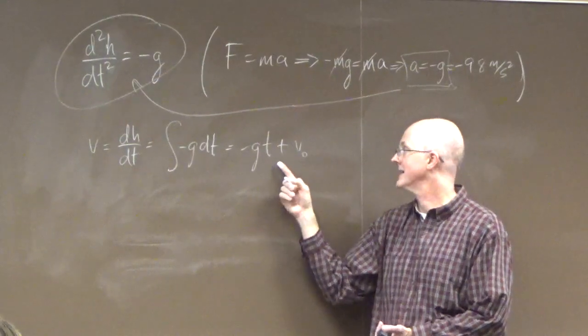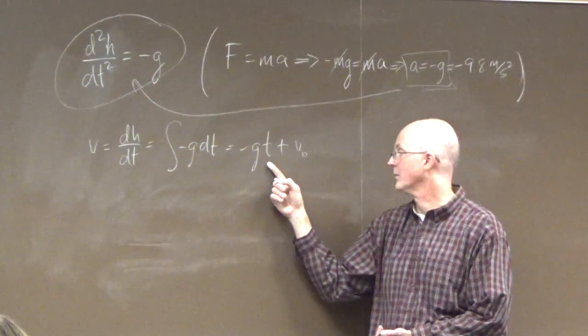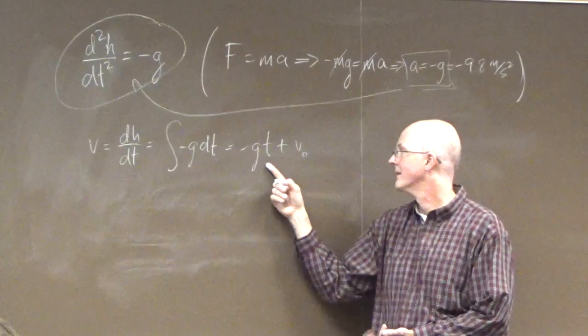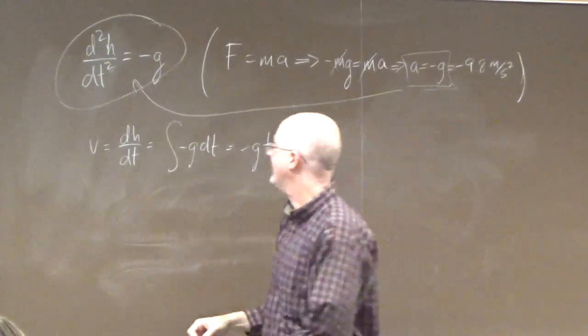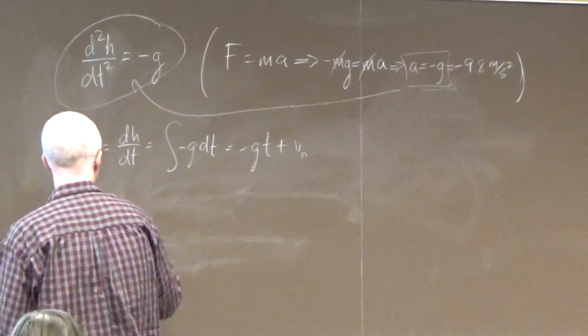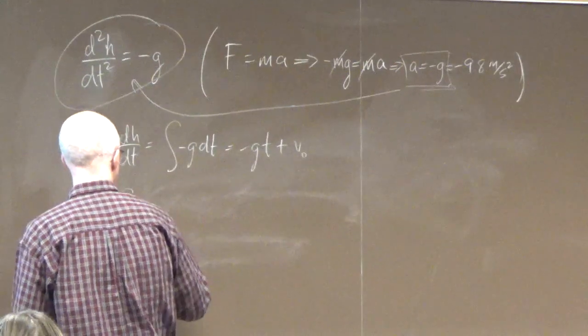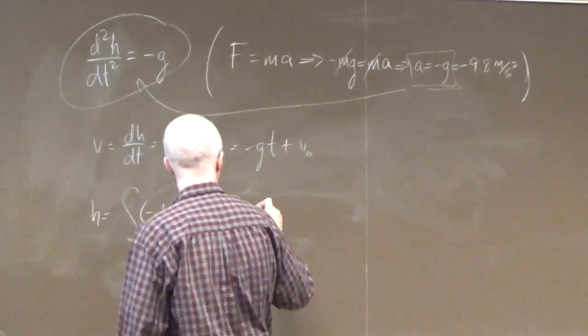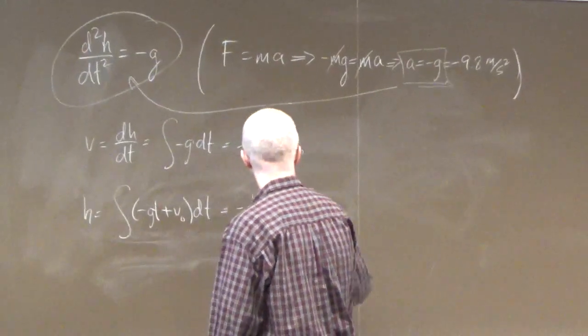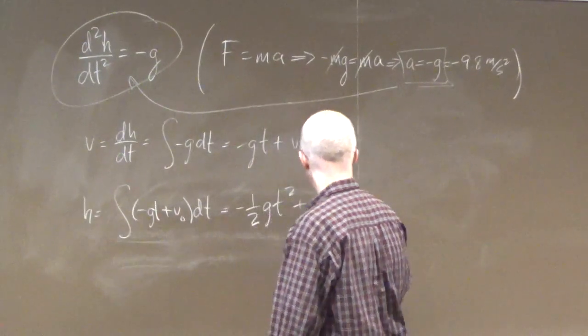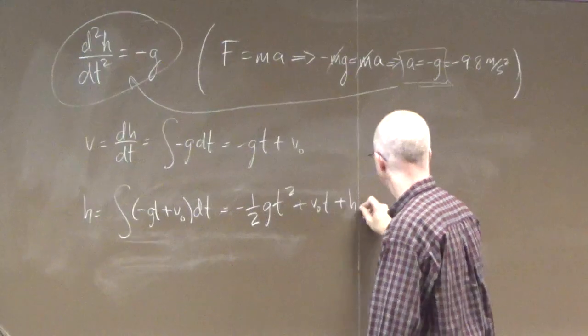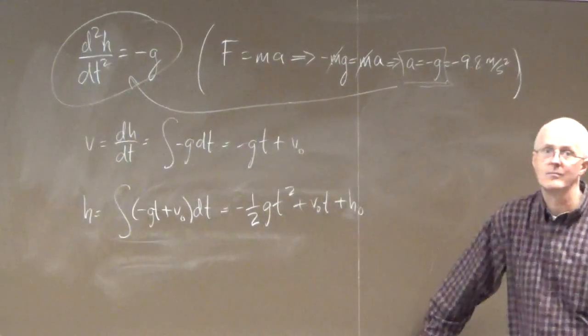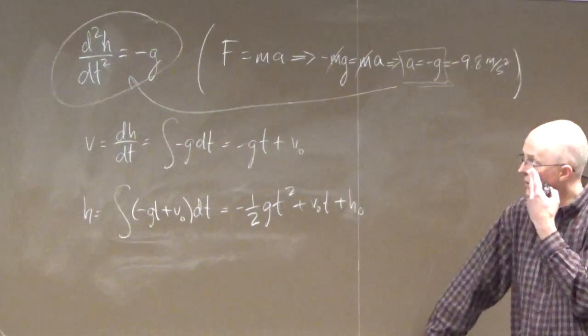It also has an initial velocity of v0, because if you plug in t equals 0, you get v0. And then integrate again to find the height. And we've got negative 1/2 gt squared plus the initial velocity times t plus the initial height. So we solve that differential equation by integrating.